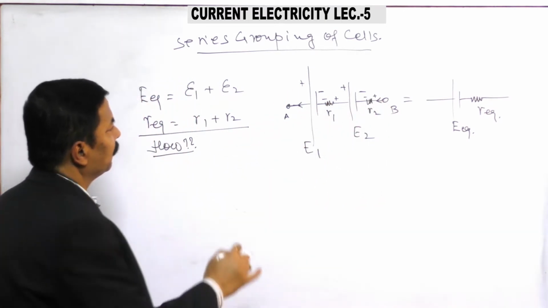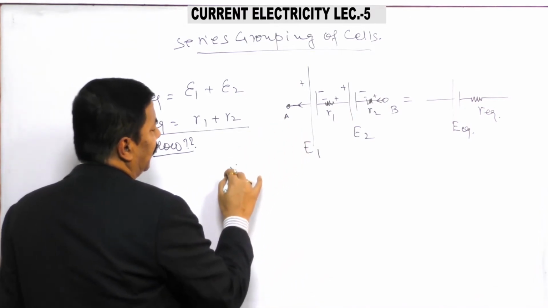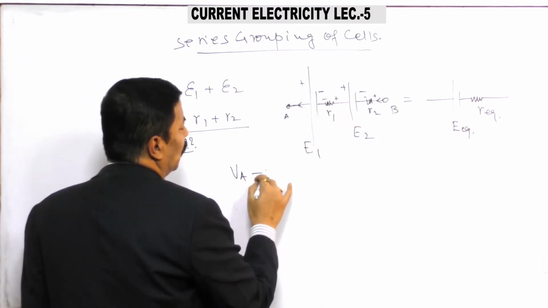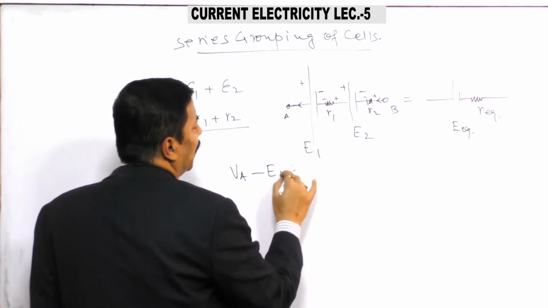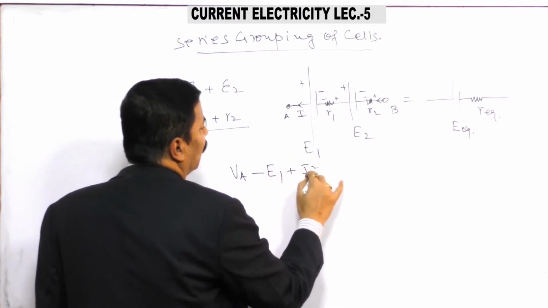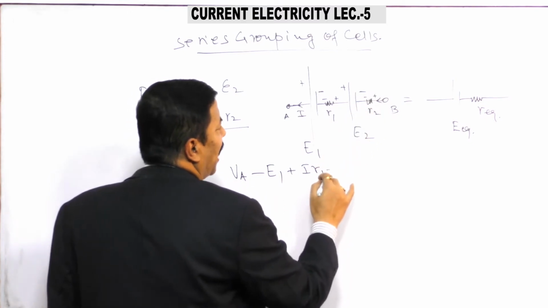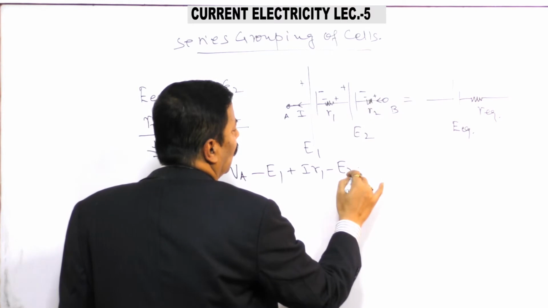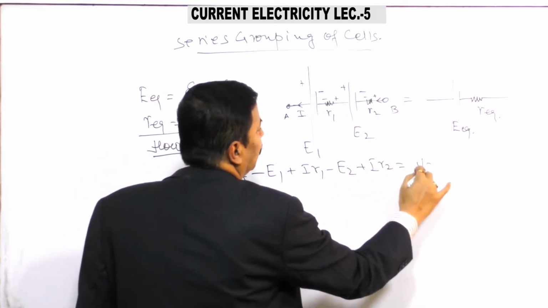If the potential at A is VA, then there is a decrease in potential, so minus E1, then there is an increase, so plus IR1, where I is the current. Again a decrease, plus to minus, so minus E2, again an increase, so plus IR2, is equal to VB.